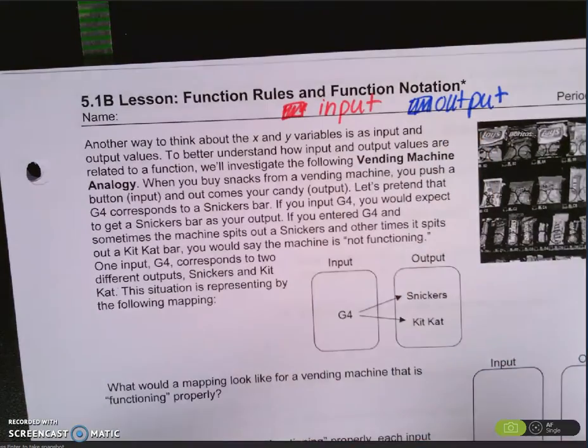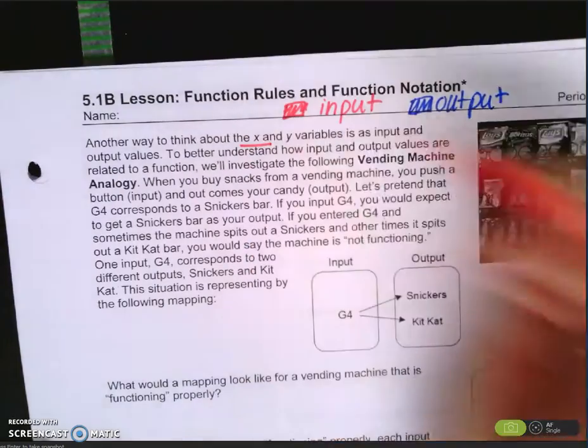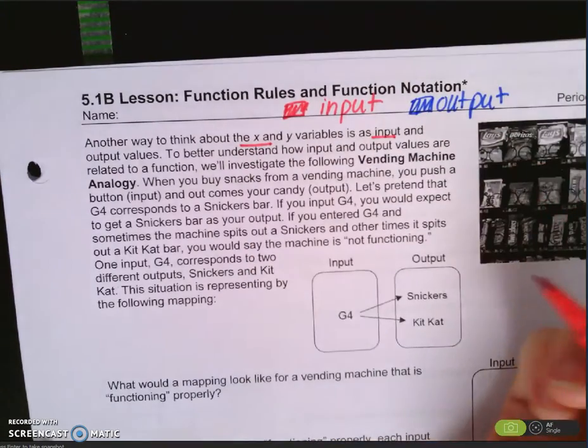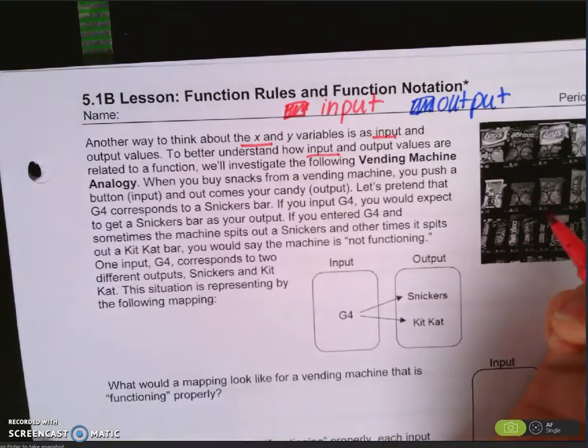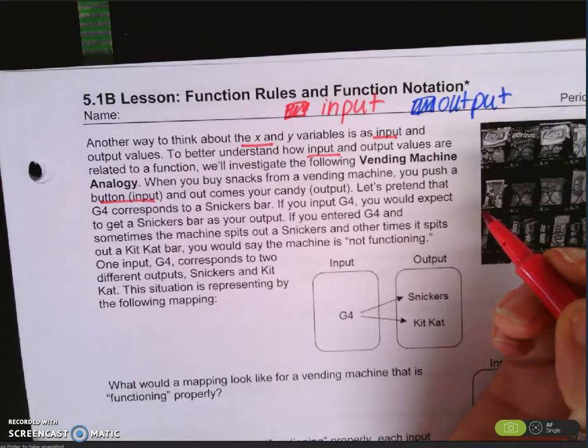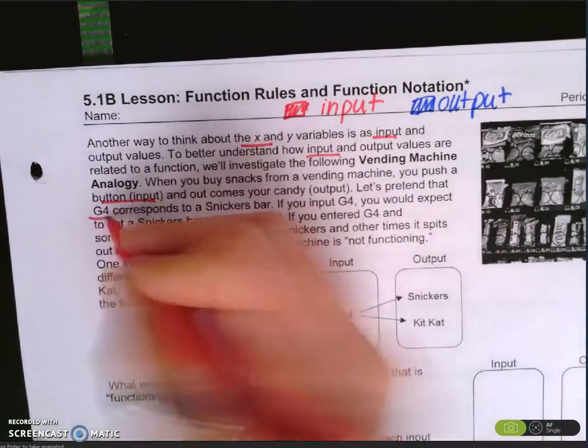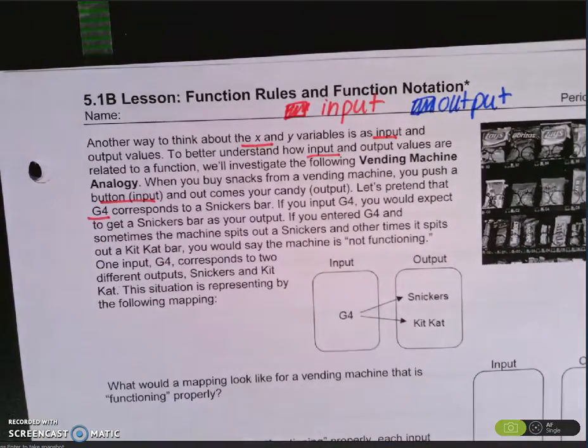For example, I know X is the input value. The button is the input. G4 is an input. So let's continue doing that.